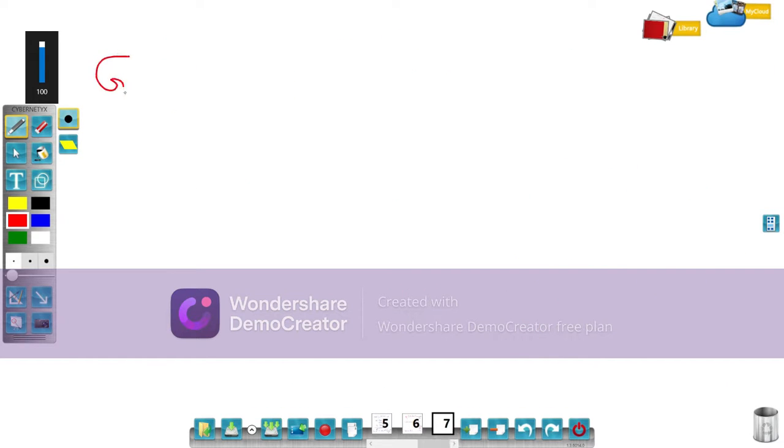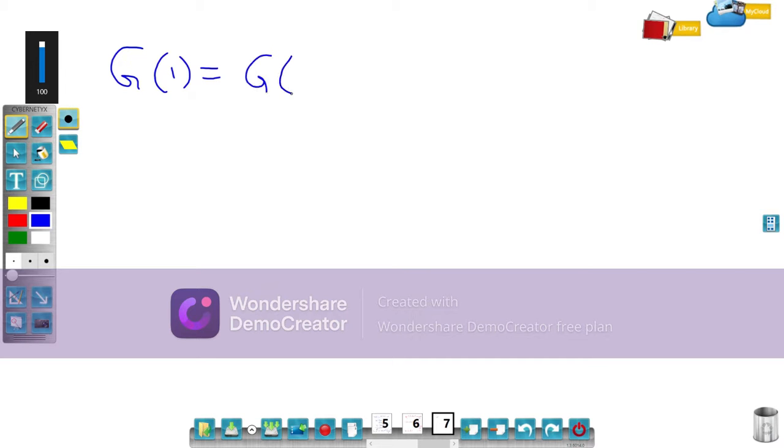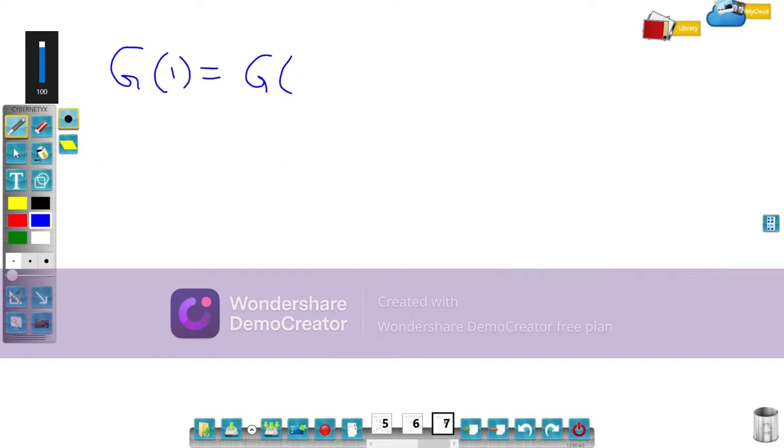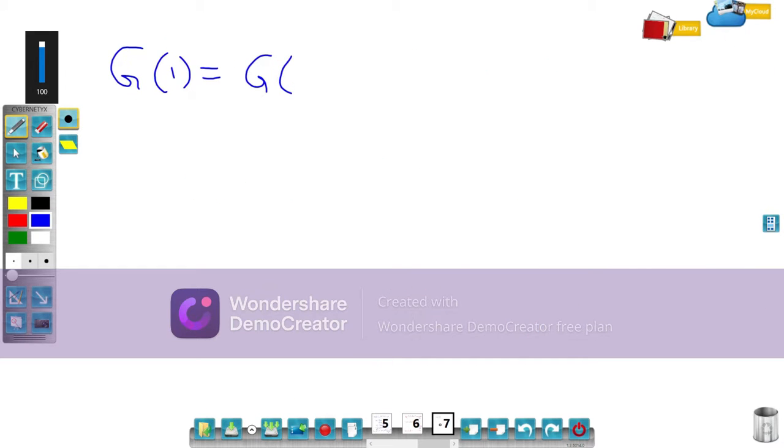So I'll have g of 1, let me write down with the blue pen. g of 1 is equal to, h is 1, t is 0, so it is g of 0 plus h times g dash, h is 1 basically in this expression.